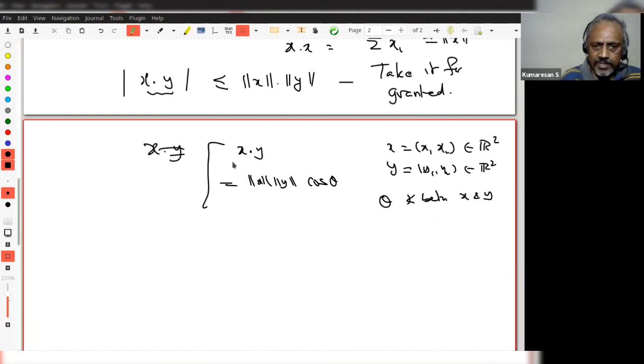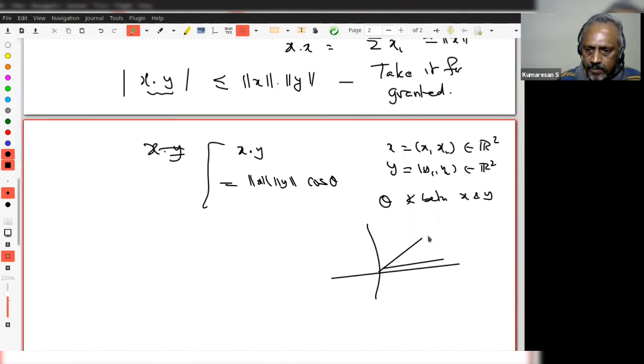This is the geometric interpretation of the dot product. So I have two vectors, this is my x, this is my y. Let theta be the angle between them. Then the dot product is the length of x, the length of y into cos theta. This you must have seen in R2.